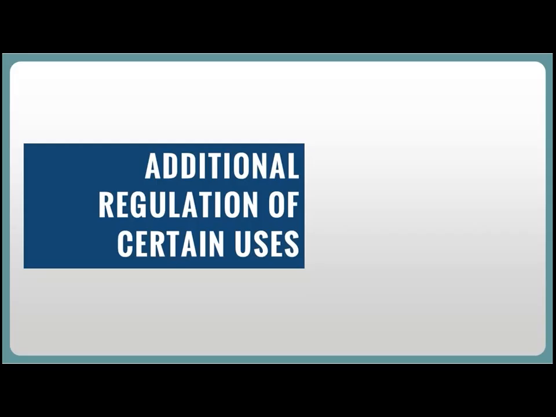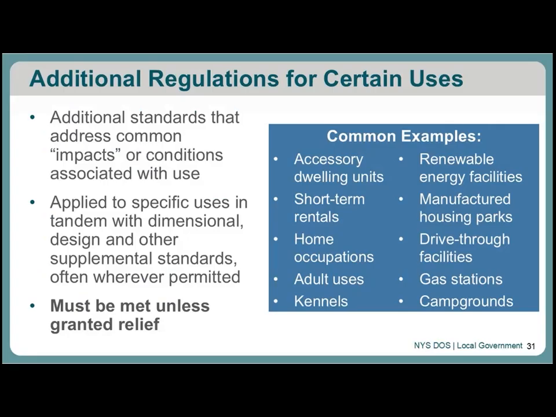All right, so we'll talk a little bit about some of the additional regulations of certain uses, especially if you have some of these uses in your community that are a little bit more intensive, not just in the impact on the land itself, but maybe also the impact to some of the neighbors.